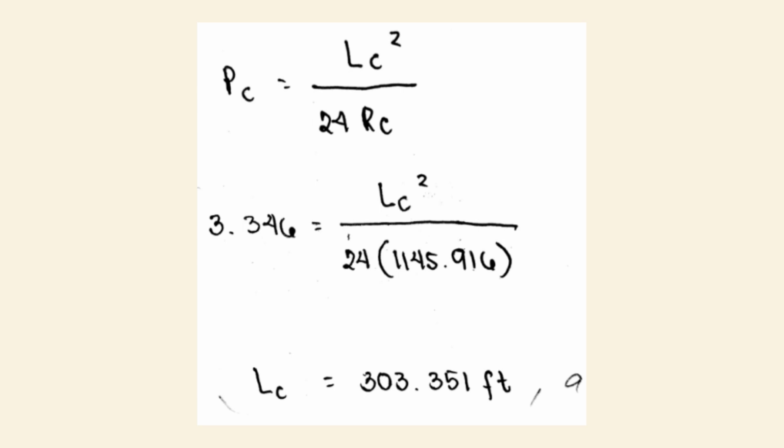Next, the value of the required length of the spiral curve. So we have P is equal to L squared over 24R. Substituting the given values, we have 3.346 equals L squared over 24 multiplied by 1,145.916. Solving the equation, the required length is now equal to 303.351 feet.